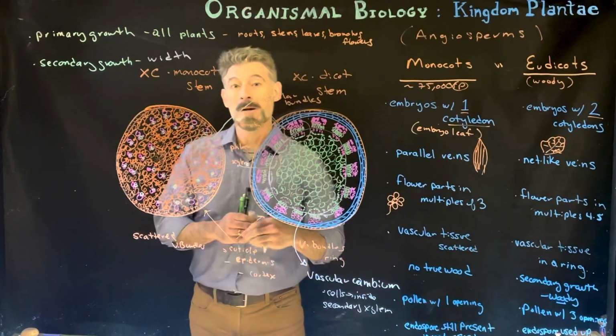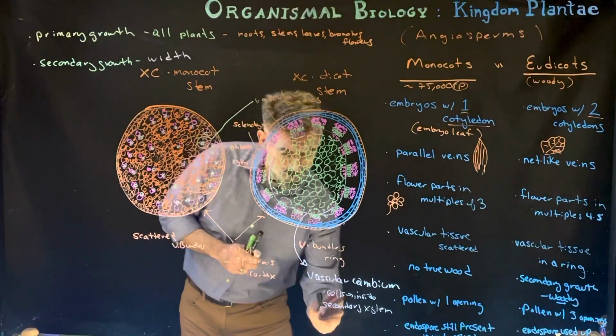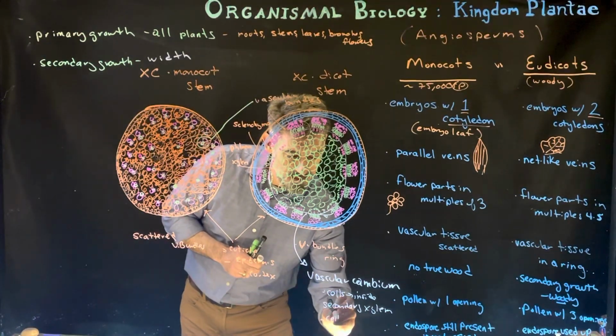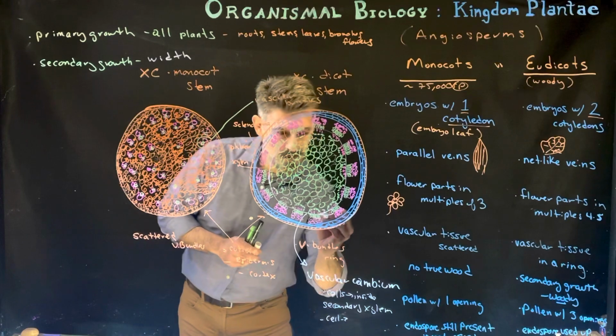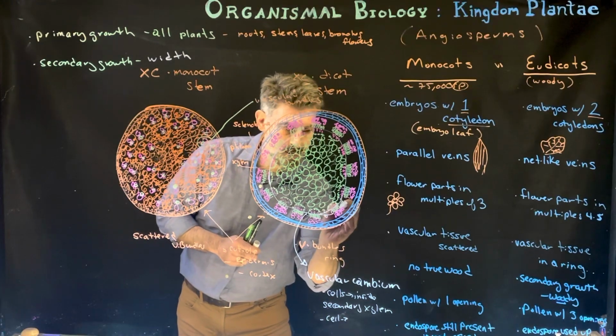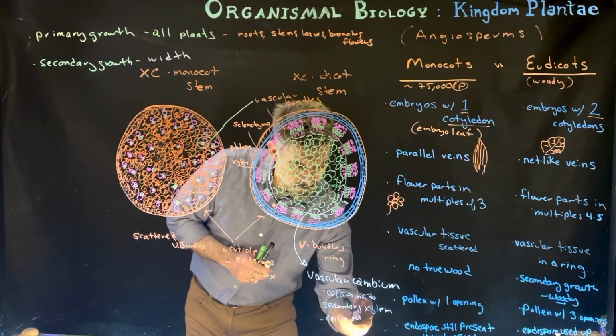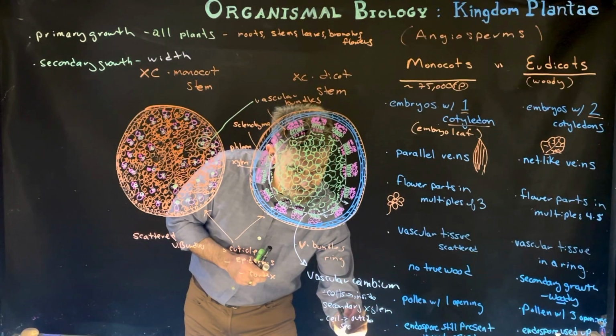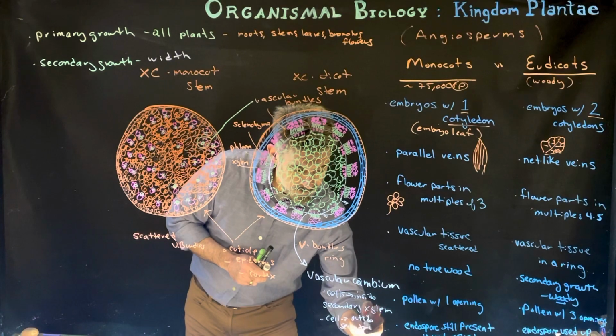Which is really what's going to become our wood, right, later on. And then the cells that move to the outside of this ring structure, so like in this direction, will become secondary phloem.